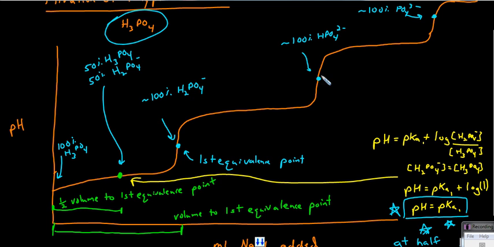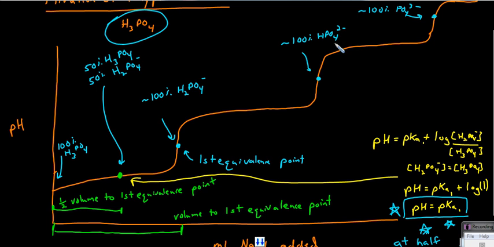And at the second equivalence point, you should have been able to add enough hydroxide to remove all of another proton, and so you'll be left with just monohydrogen phosphate. And then finally, at the third equivalence point, you should have added enough hydroxide to remove all of the protons from phosphoric acid, leaving just phosphate.